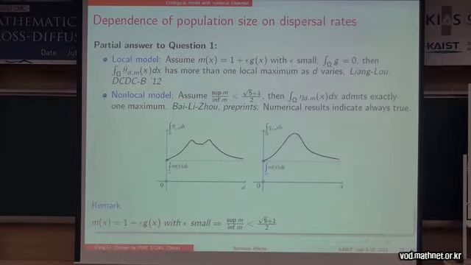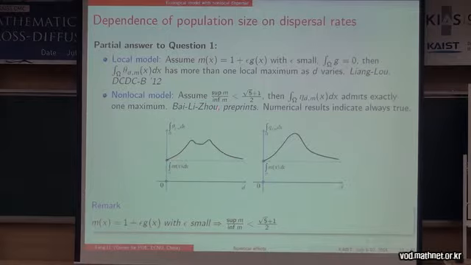For non-local models, so far we don't have any counterexample. What we can show is that when the ratio between the supremum of m and the infimum of m is less than some constant, the curve of the total population only admits one maximum.